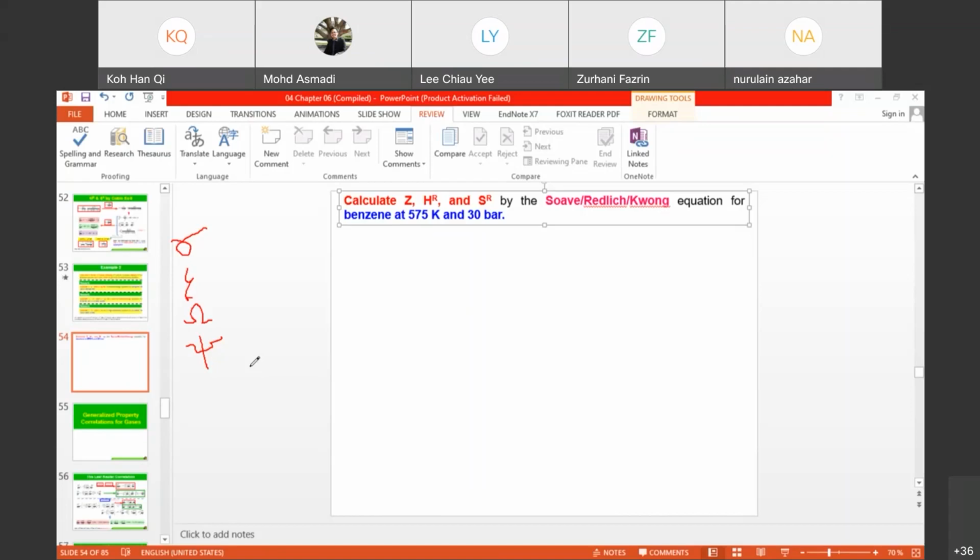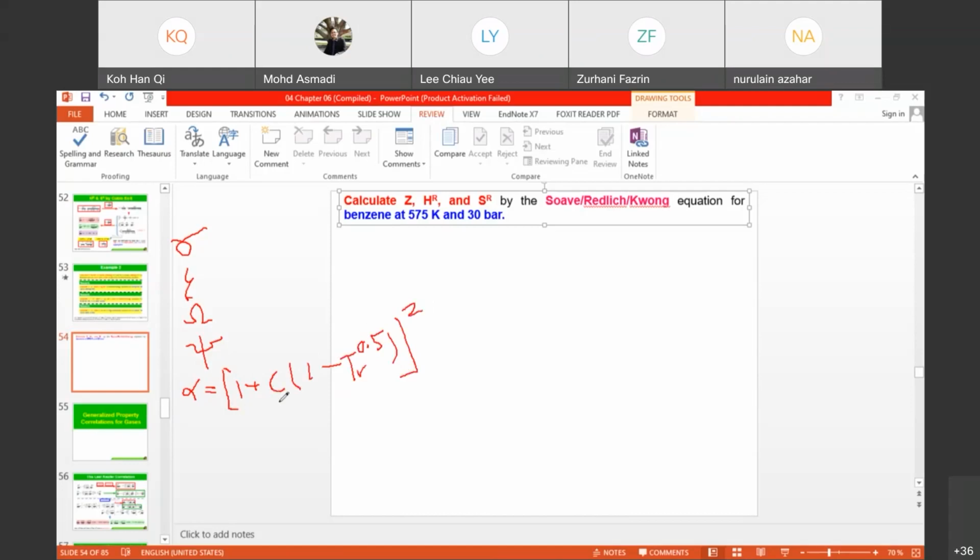So we can make it like this, the expression alpha equal to alpha of TR, equal to 1 plus c times 1 minus TR to the power of 0.5, all squared. This one is alpha.